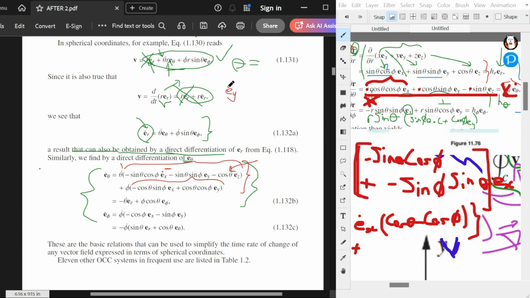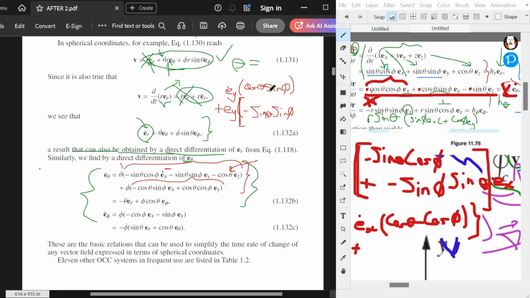We have EY dot multiplied by cos theta sine phi plus EY multiplied by the differential of those guys, which is minus sine theta sine phi.